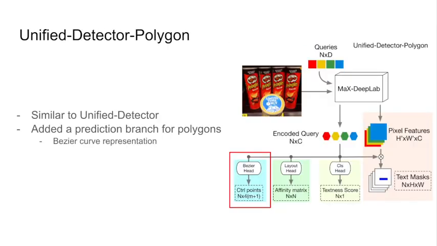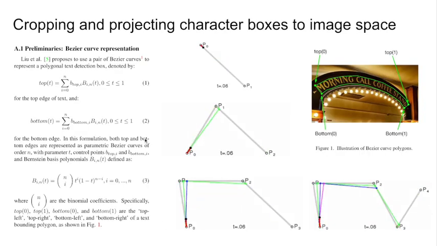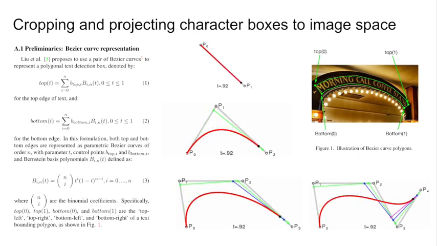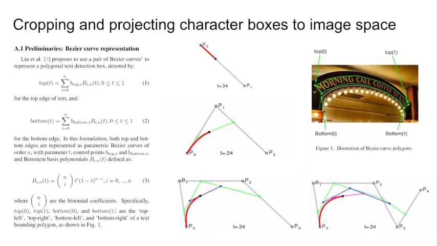We designed a Unified-Detector-Polygon based on the original unified detector. We simply add a new prediction head to predict Bezier curve polygons. Specifically, each text line is modeled as a pair of Bezier curves, one for the top edge and one for the bottom edge.